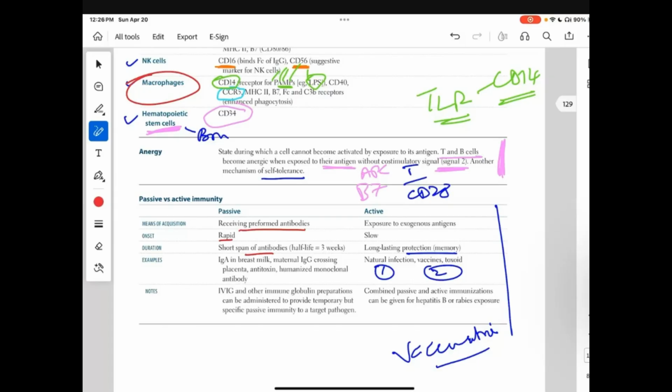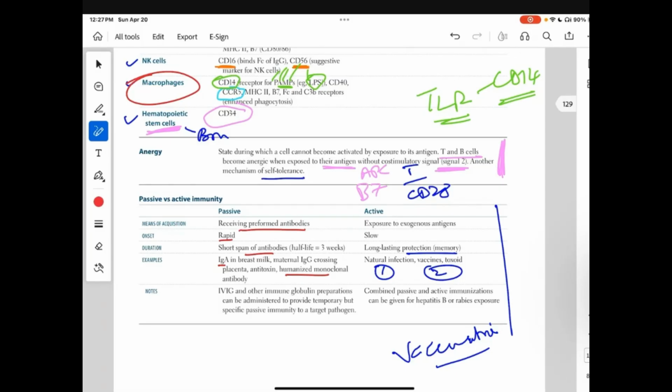Examples of passive include breast milk, humanized monoclonal antibodies, and IgG crossing the placenta. Clinically, you can prepare passive immunoglobulins and give them to patients. For some conditions like rabies, you have a combination of both active and passive immunization to protect the individual.